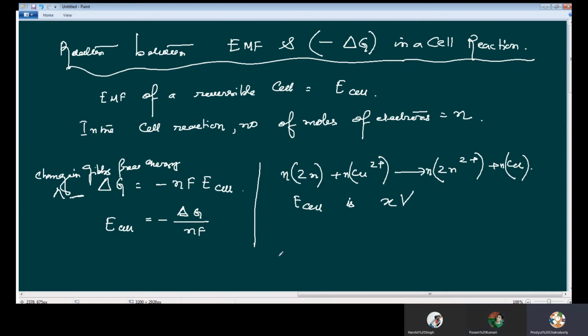If n number of zinc atoms are oxidized to n number of zinc ions, then what would be the EMF of the cell? It is the same, still x volts. Though I take more of the reactant and the product forming is also n times, the EMF of the cell remains the same.